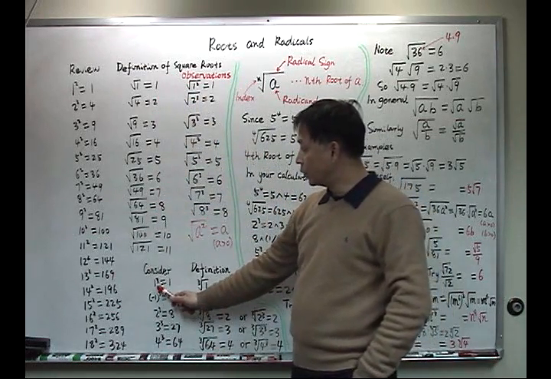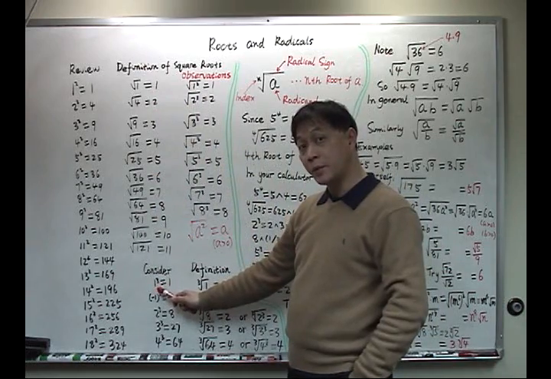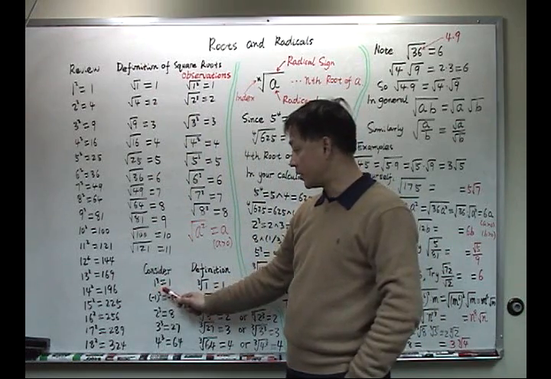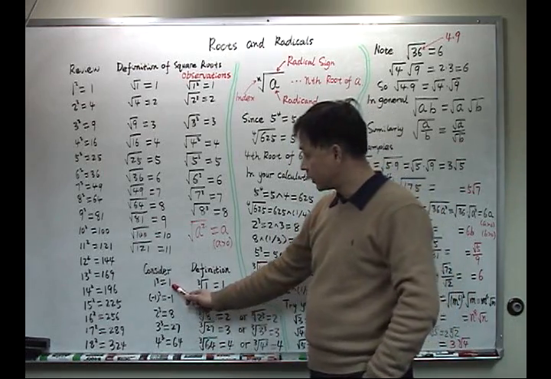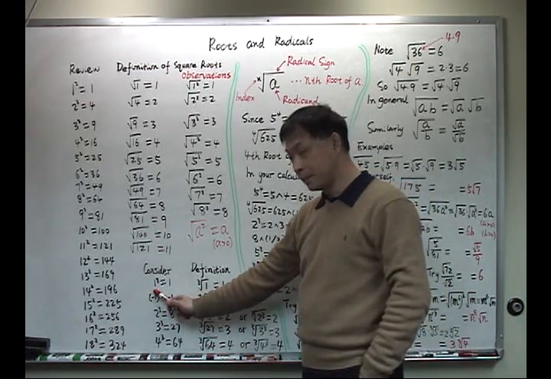Consider 1 cubed, that's 1 times 1 times 1, 3 times, is 1. Then we know cube root of 1 is 1.